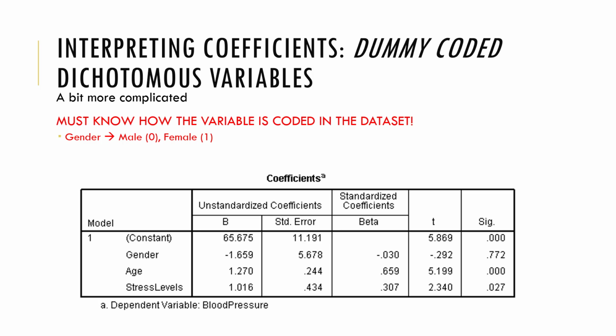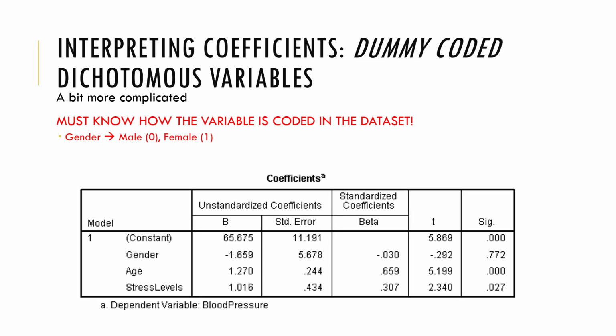If it's a positive number, it will be higher than. So in this case, females are coded as 1, so we're comparing females to males. So females have 1.66 points lower on the blood pressure measure than males. And that's how we'd interpret it.